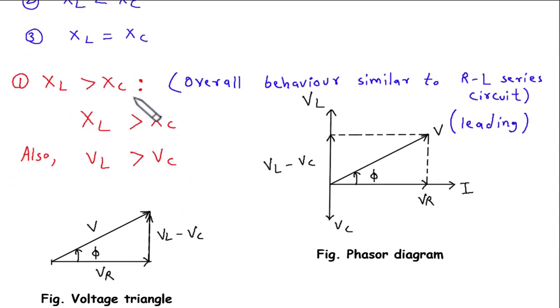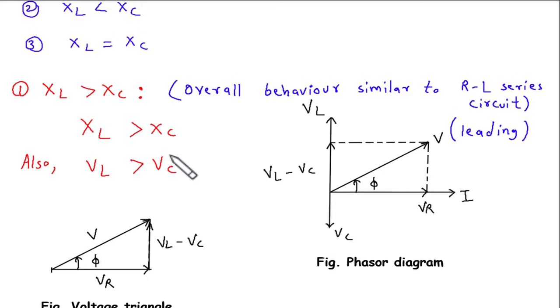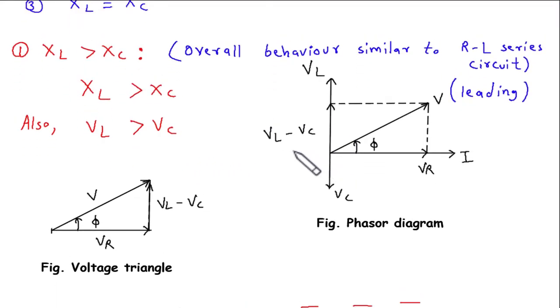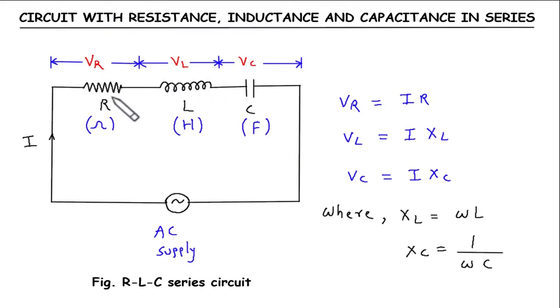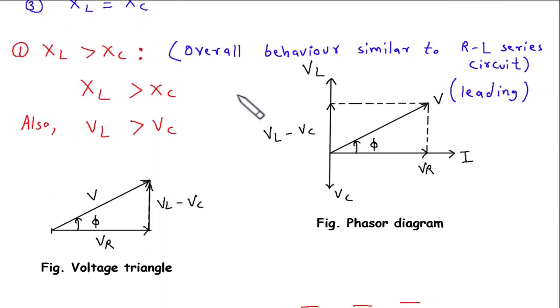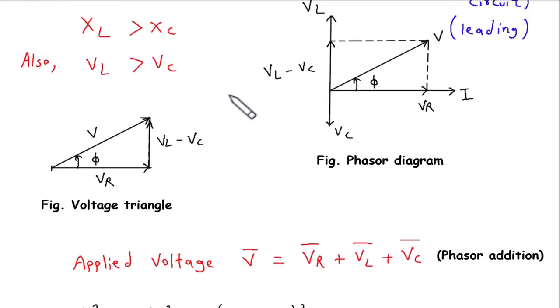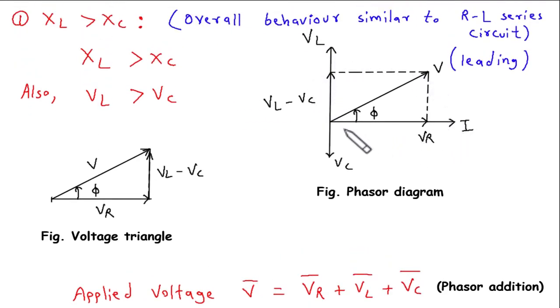Now when XL is greater than XC, the overall behavior of the circuit is similar to an RL series circuit. When XL is greater than XC, the voltage drop across the inductor is greater than the voltage drop across the capacitor. Here we can see that when XL is greater, then this VL will be greater. This is the phasor diagram for XL greater than XC.